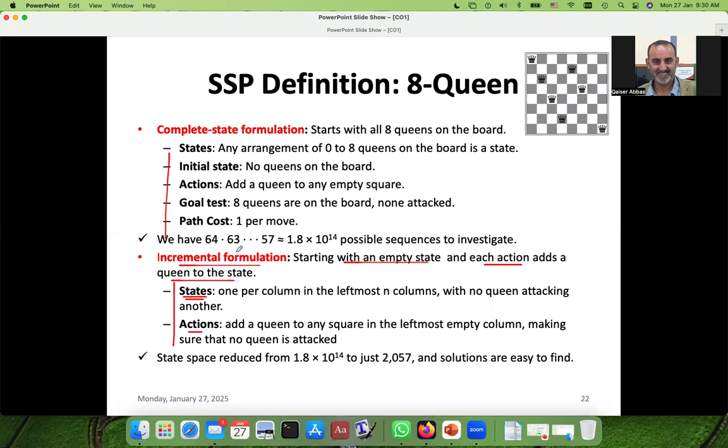States for this incremental approach: 1 queen per column in the leftmost columns. What will you do? Initially it would be empty. Then you will take the first queen and place it in the left column. In the first left column, you can place it at the top or at any position, but it is always good to place it at the top because no other queen is there.